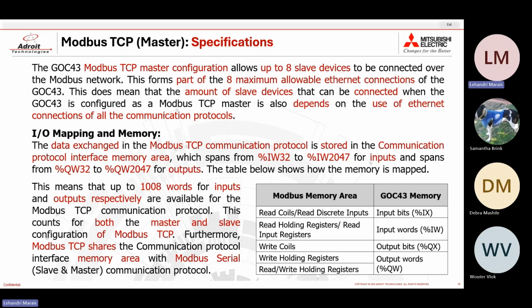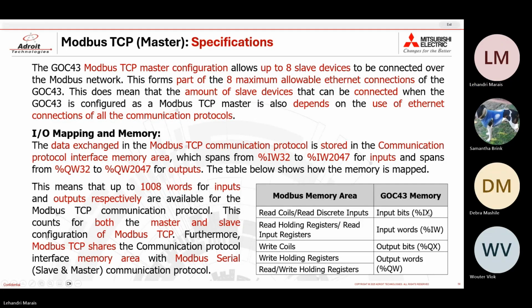However, this memory area is shared by both Modbus TCP and Modbus serial, and this is applicable whether the GOC is master or slave in both of these communication protocols. So you need to keep in mind that you only have this amount of memory area for all of these communication protocols and configurations.